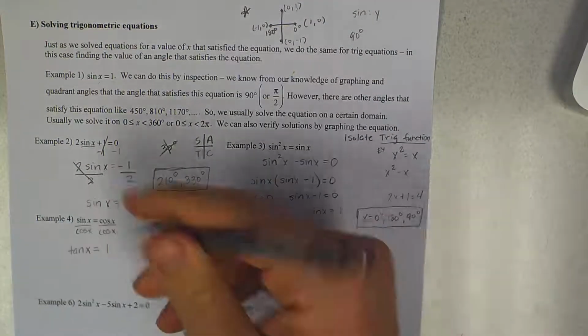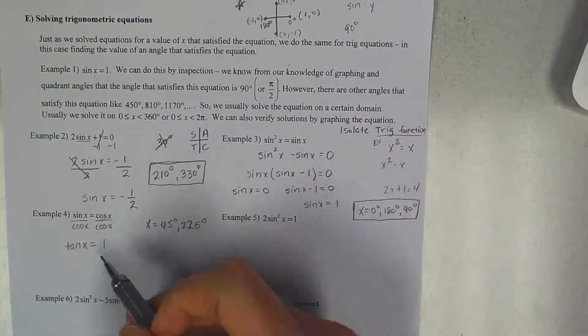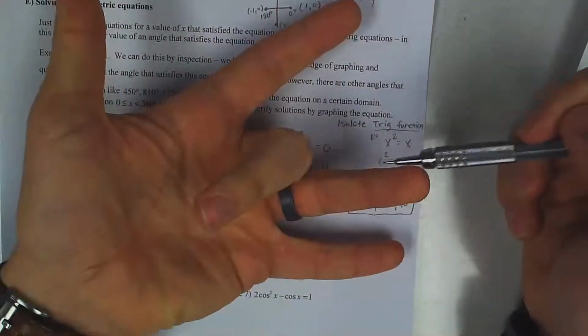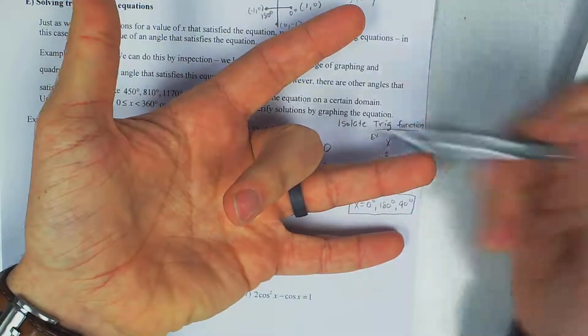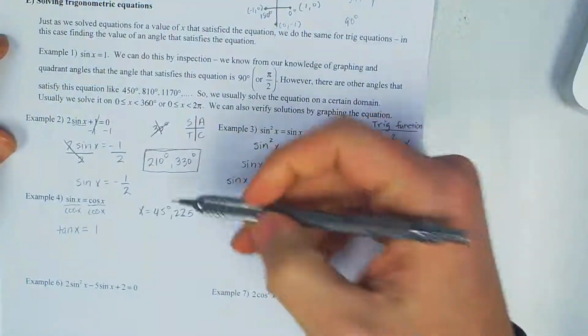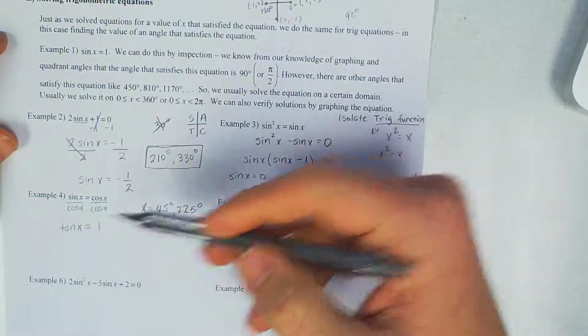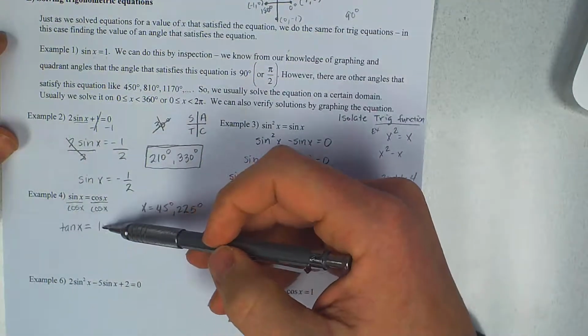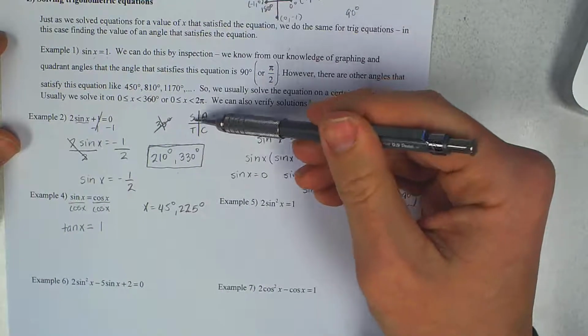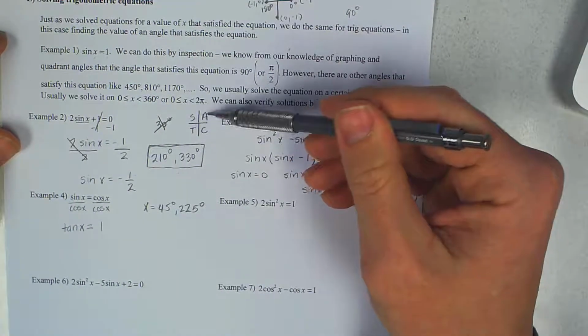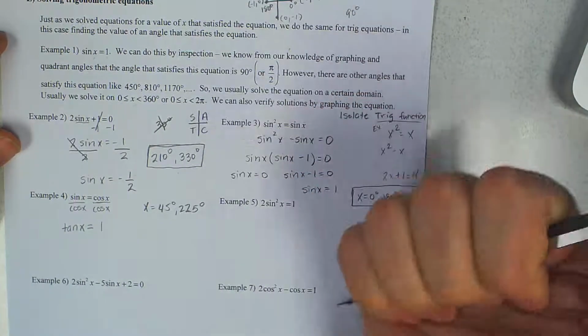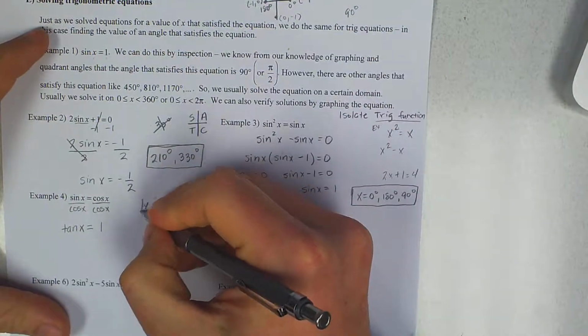Okay, so again, that goes to tangent x is 1 because think about this on the hand trick. Radical 2 over 2 over radical 2 over 2 is 1. So that'd be 45 and 225 because tangent would be positive. All Students Take Calculus, so it's positive in the first and the third quadrant. So again, that gives me that right there.